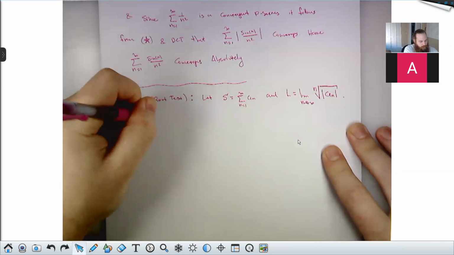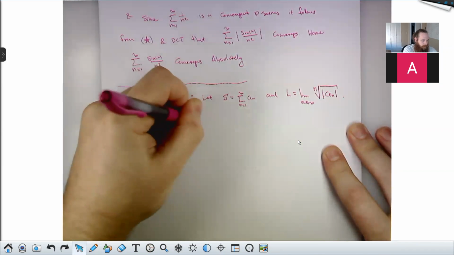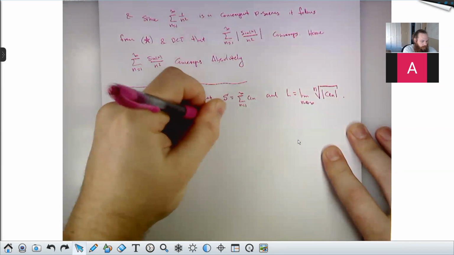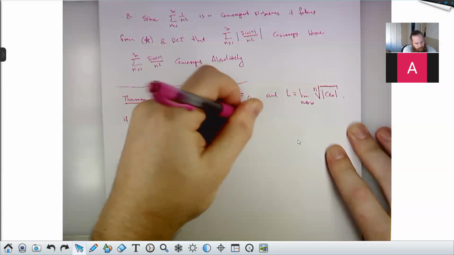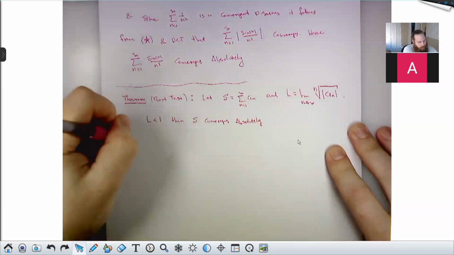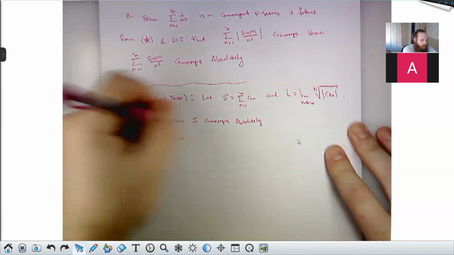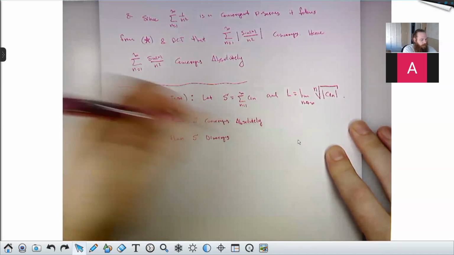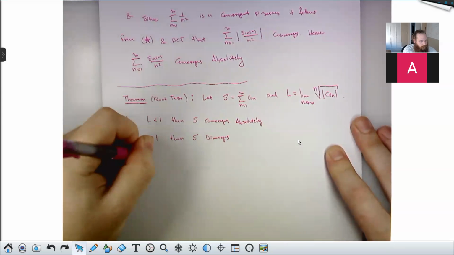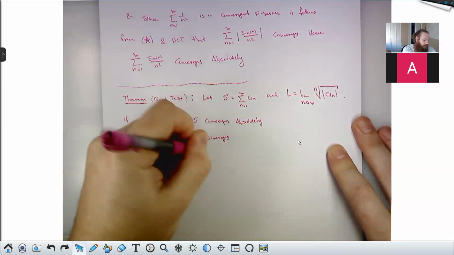If L is less than 1, then S converges absolutely. If L is bigger than 1, then S diverges. And if L is equal to 1, the test is inconclusive.